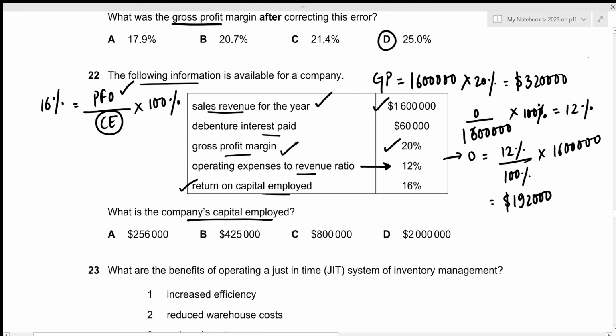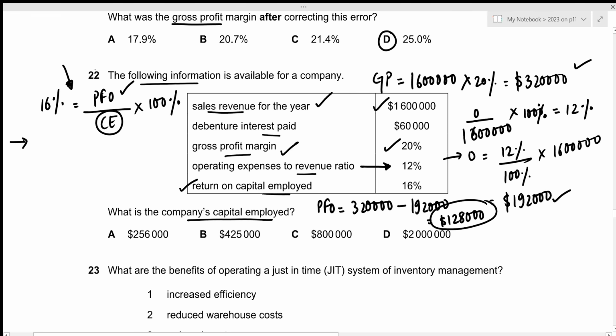And since we now have the gross profit as well as all of our overheads, we can easily figure out the profit from operations. That will just be gross profit of 320,000 minus the overheads of 192,000. This results in the profit from operations to be 128,000. Now let's input this value into the formula for our return on capital employed. So let's bring the 100 to the other side.